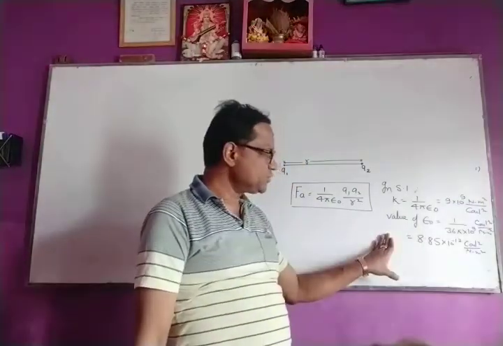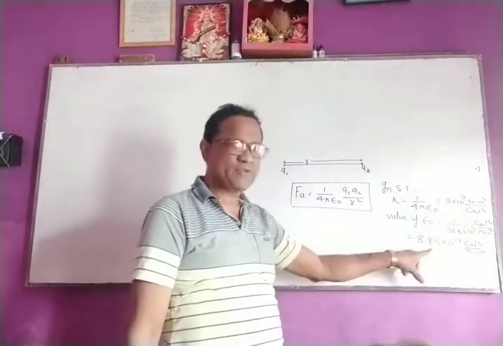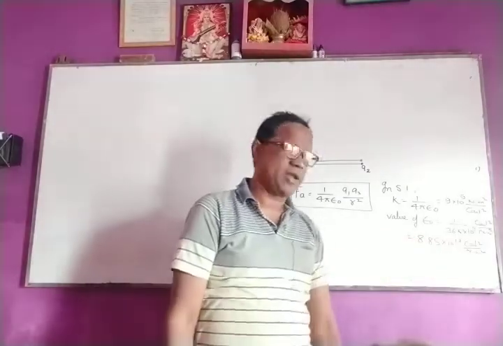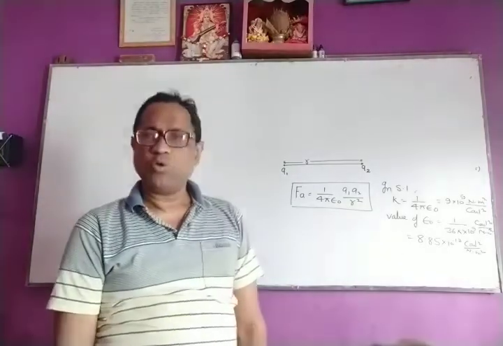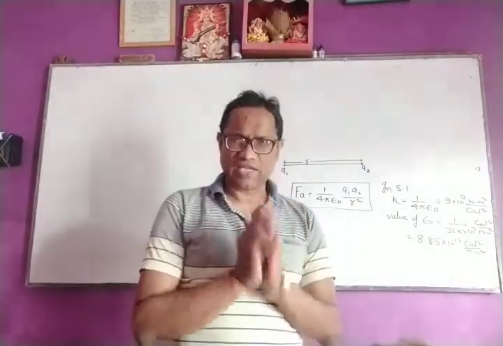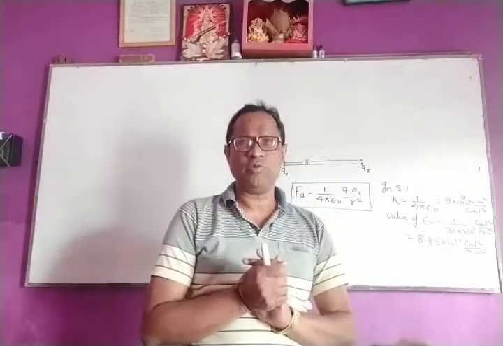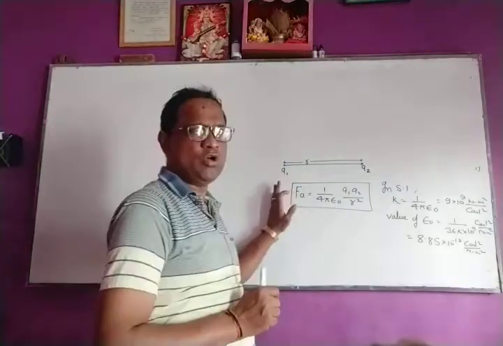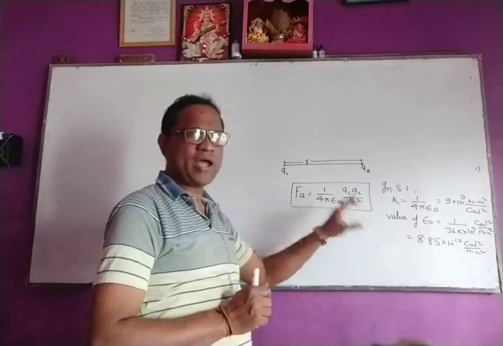Its value is 8.85 into 10 power minus 12 Coulomb square by Newton meter square. When two point charges are placed in air or vacuum, we can write Fa is equal to 1 upon 4 pi epsilon naught Q1 Q2 by R square.